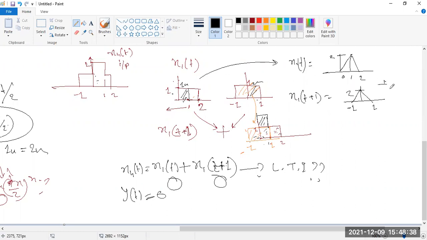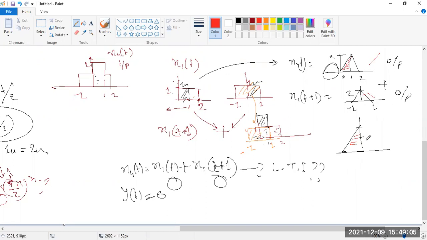So if I add this output and this output, what will be the output? Look, here in this portion nothing is there, but here something is there. So easily we can get, this is 1, this is 2. This portion will be achieved. Nothing is lost. But here something overlapping is there. This is a positive slope and this is a negative slope.